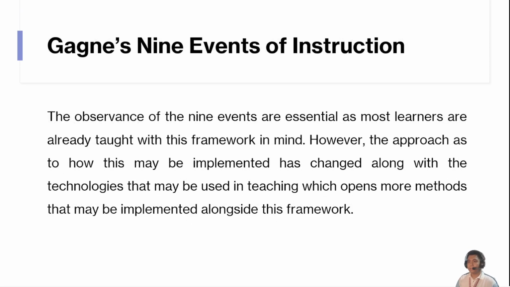Okay? So, those are the 9 events in Gagne's 9 events of instruction. The use of technology further improves the integration of the 9 events in our everyday learning. If you have observed this before, with technology, they can be intertwined and they can be more interactive with one another. These events are not independent. Meaning, they are not isolated from one another.